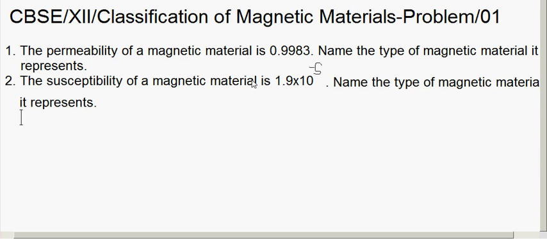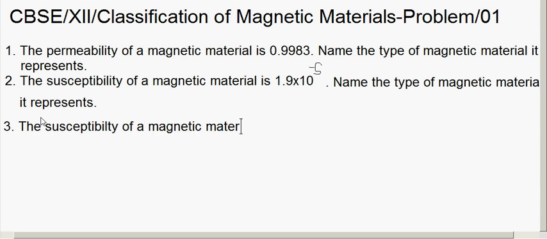Okay, so take down the next one, the third one. The susceptibility of a magnetic material is minus 4.2 into 10 to the power minus 6.